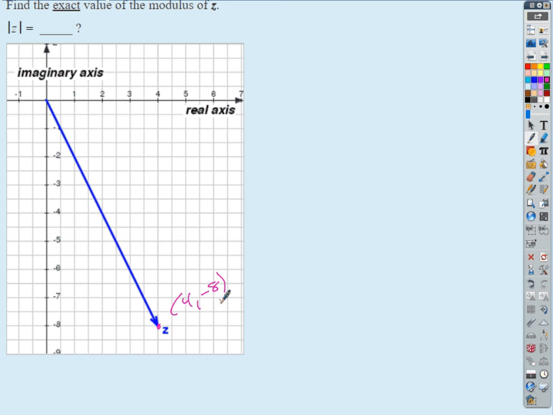So the modulus of z is equal to what? Square root of 4 squared plus -8 squared, right? So that's just the square root of 16 plus 64, so the square root of 80. I can simplify that.